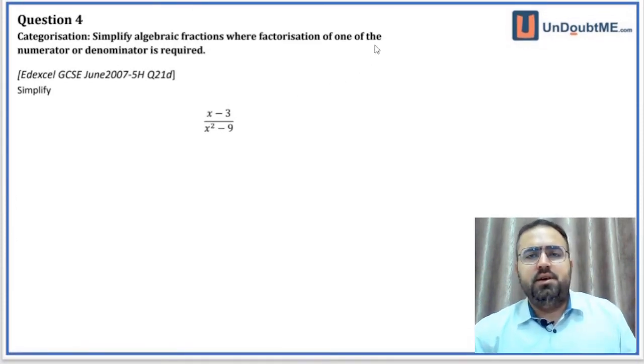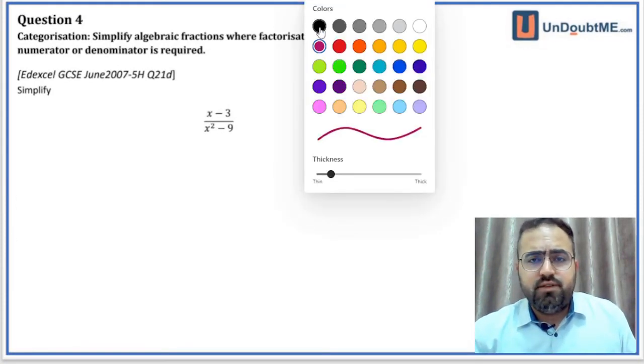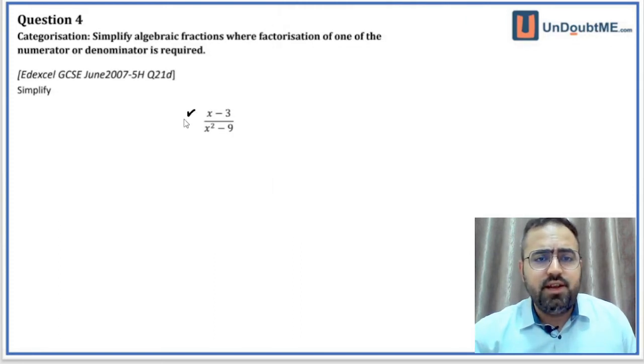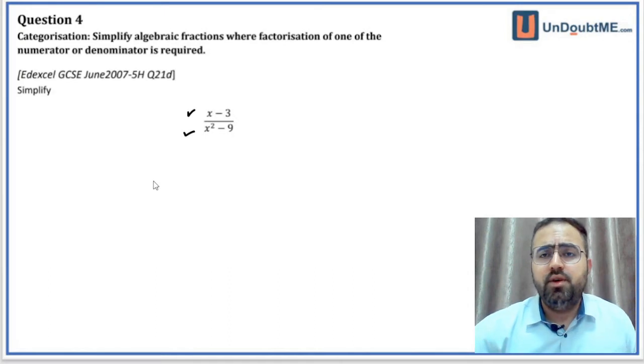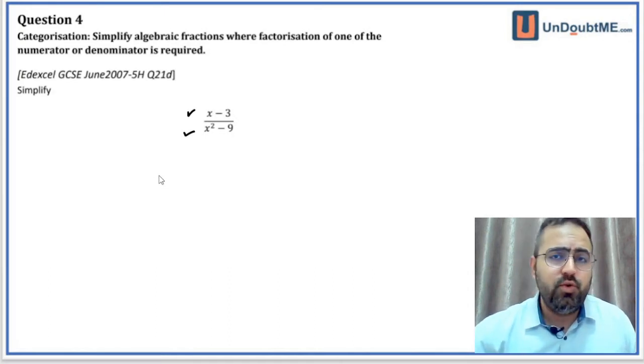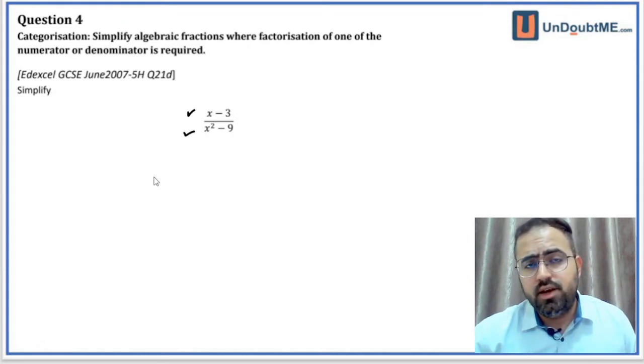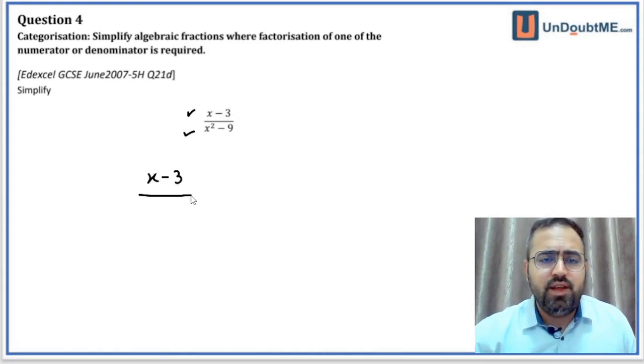Next question. In such types of questions, you can observe that we have a linear term divided by some quadratic term. So whenever a quadratic term is given, we will try to factorize that quadratic term and try to see whether we can get the same factor as is there in the numerator or not. What I am trying to say, let us see over here. So x minus 3 is as it is.